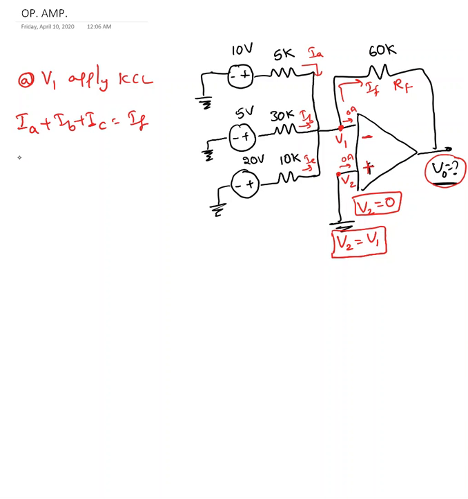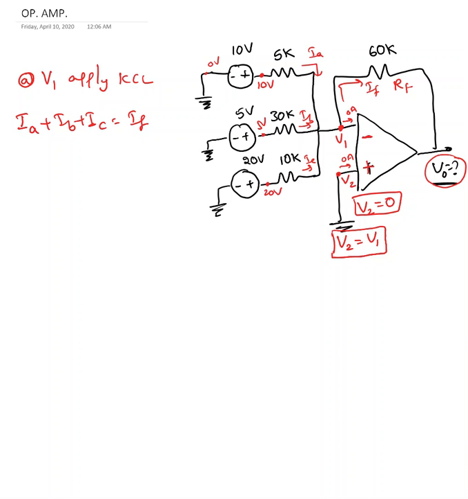Okay, so if I apply KCL at V1, IA plus IB plus IC equal to IF. What is IA? So the voltage at this point must be 10 volts, because the voltage here is 0 volt, right? So VA minus 0 must be equal to VAB, which is 10 volts. So here it must be 5 volt, here it must be 20 volt.